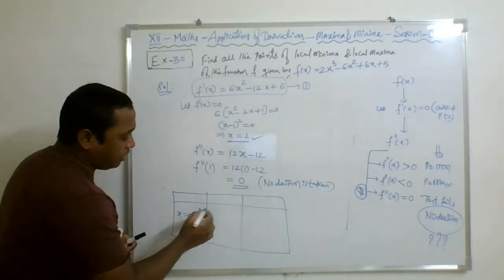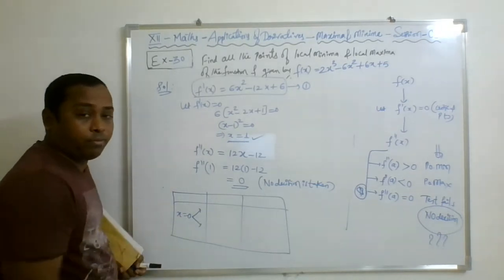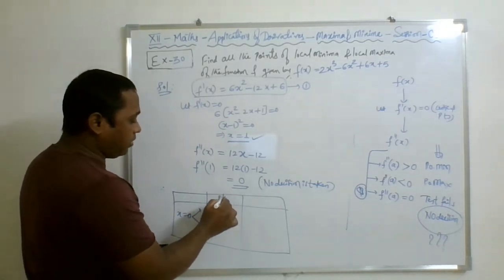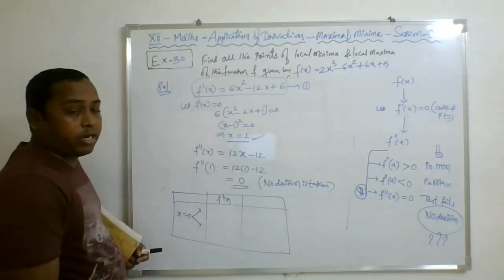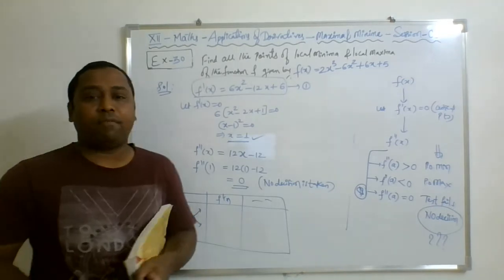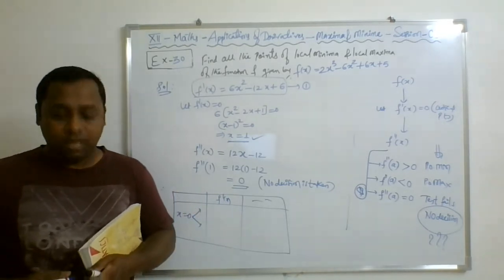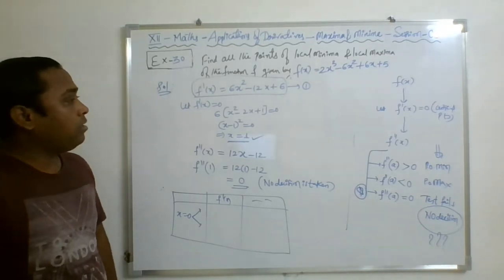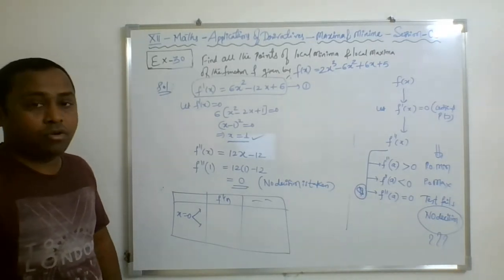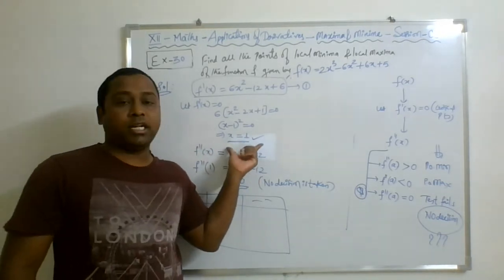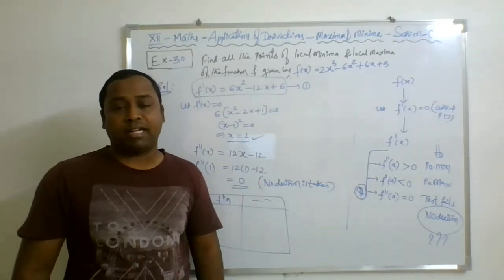We need to take one point less than 1 and one point greater than 1, and we'll study whether the sign of the derivative is positive or negative, and then we'll decide whether it is a point of maxima or point of minima. So this is the fundamental way to deal with the question whether the obtained turning points are points of maxima or points of minima.